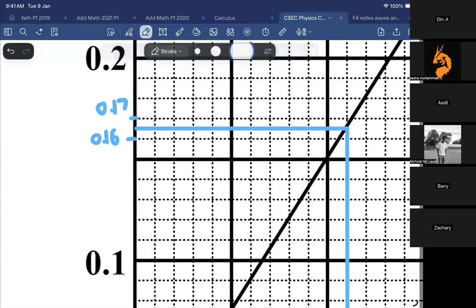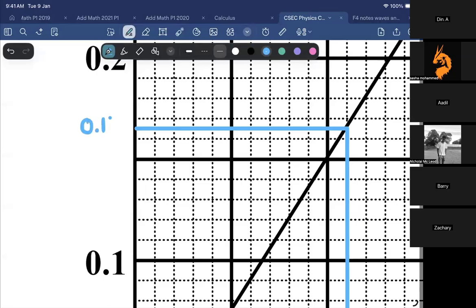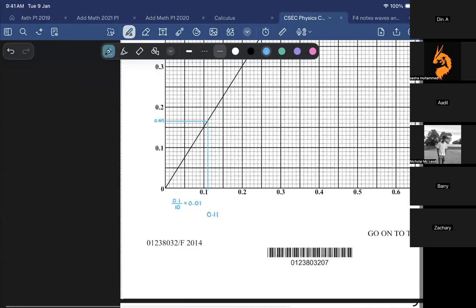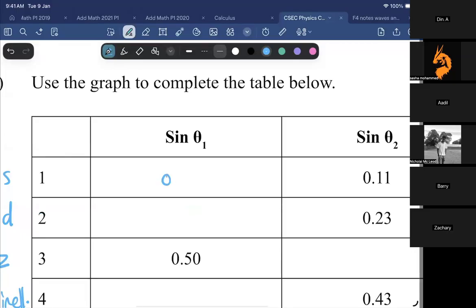Yeah, right? You guys okay with that? 0.165. How are you feeling about that? Are you okay with that? Yes, sir. All right, so the first one is going to be 0.165.